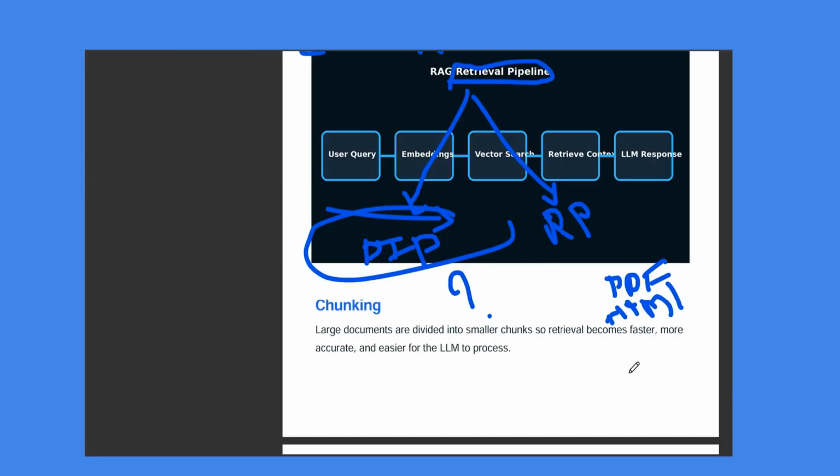Now, obviously, before AI uses documents, it first needs to read them properly, right? And that process is called parsing. We call it parsing.